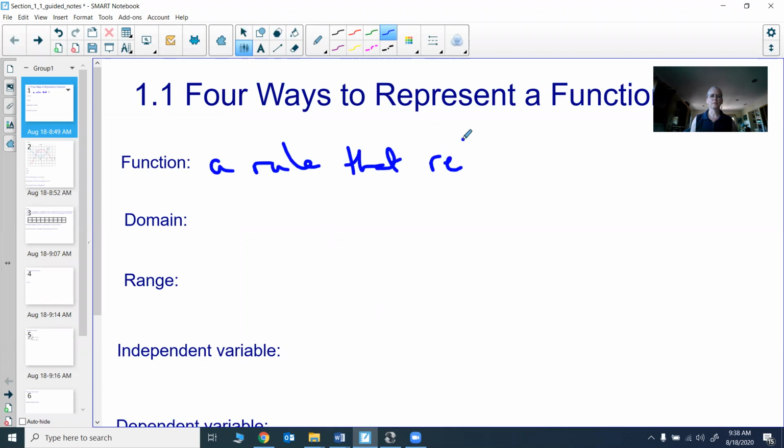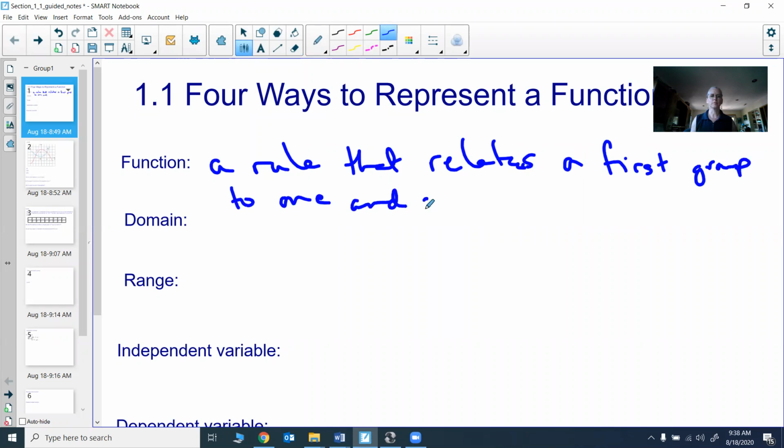that relates a first group to one and only one value in the second group.